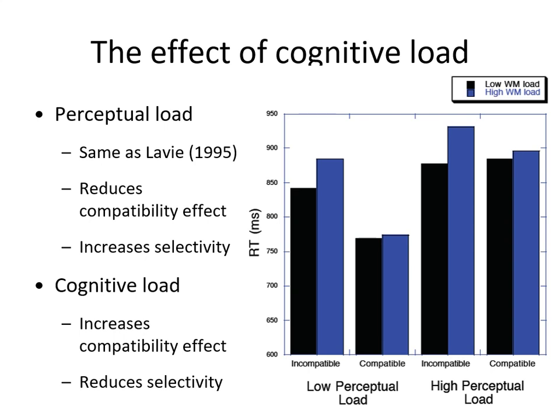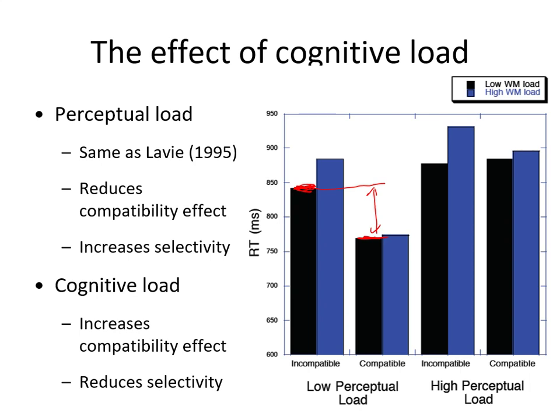So, for the low working memory load condition, the compatibility effect is this large, okay. When you compare incompatible to compatible for the low working memory load, it is this large.